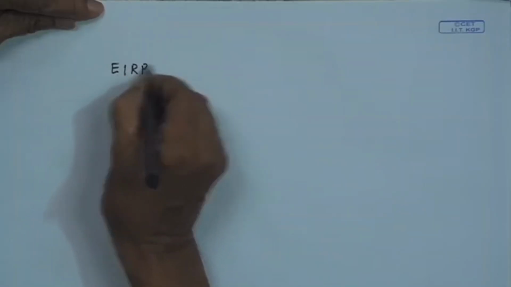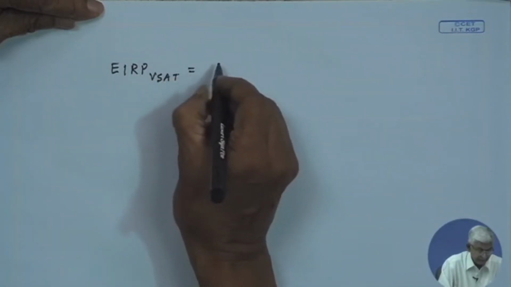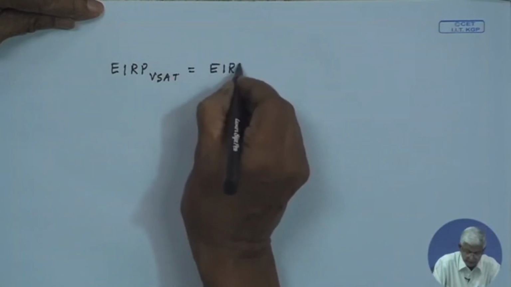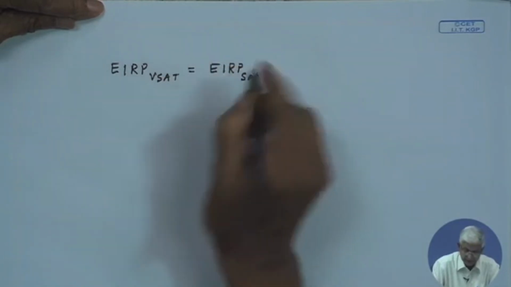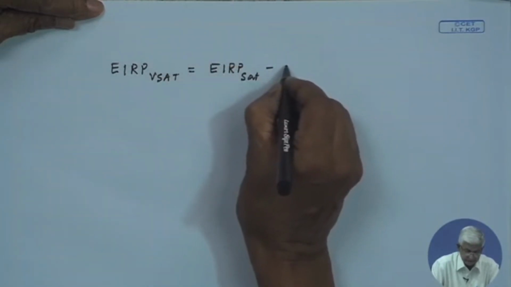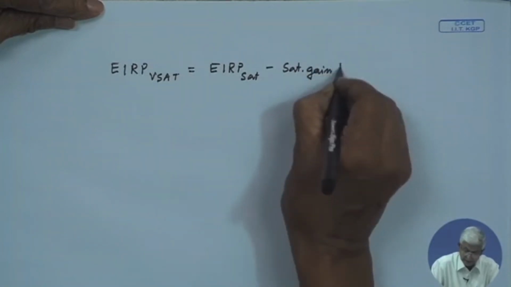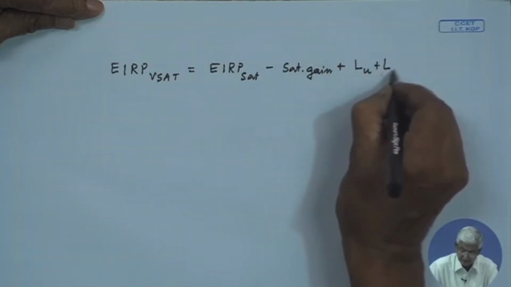So we can write it this way: EIRP of VSAT is equal to EIRP of satellite, then I reduce the satellite gain, and then I add the uplink and miscellaneous losses.